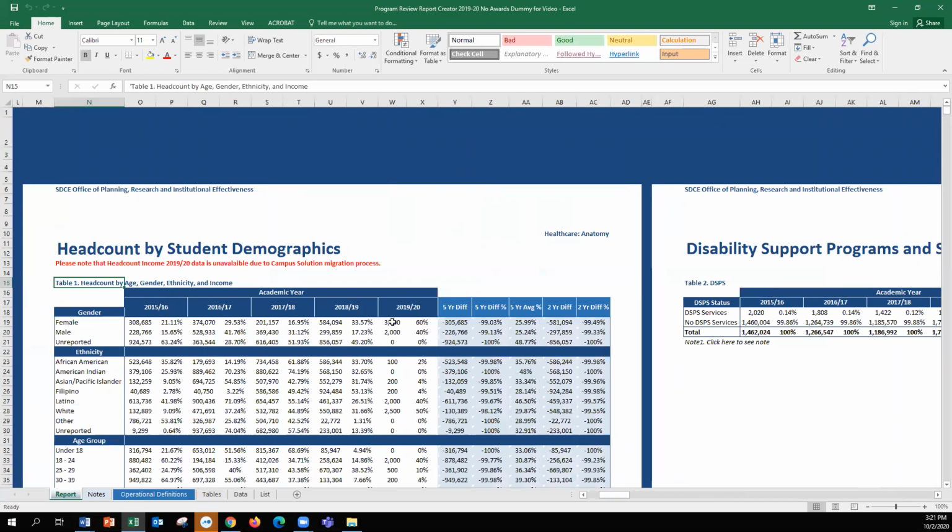Looking at the numbers for the last year, he sees that 3,000 of his students are female and 2,000 are male, which is expected. And then we see that most of them are divided into Latino and white populations, with a couple of other minority groups.